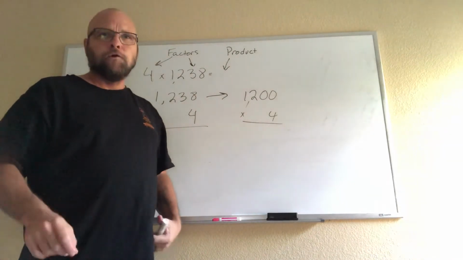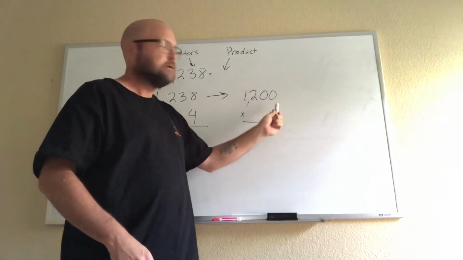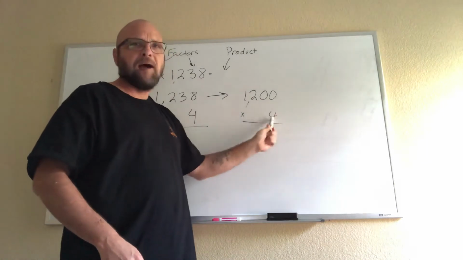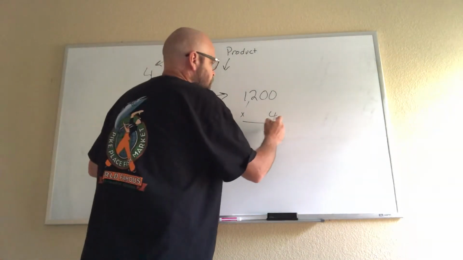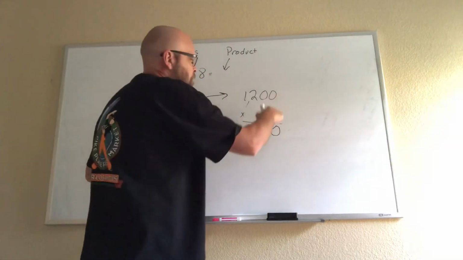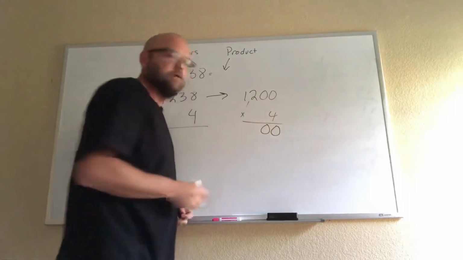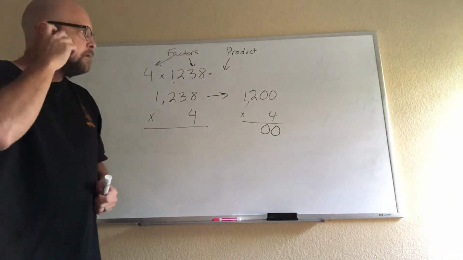So now I go through, and if there are trailing zeros in your factors, if they're at the back of your factors, you can just move them straight down here. And let me explain why. Because 4 times 0 is 0, 4 times 0 is 0. So they're just going to come down if you do the standard algorithm anyway. Okay?